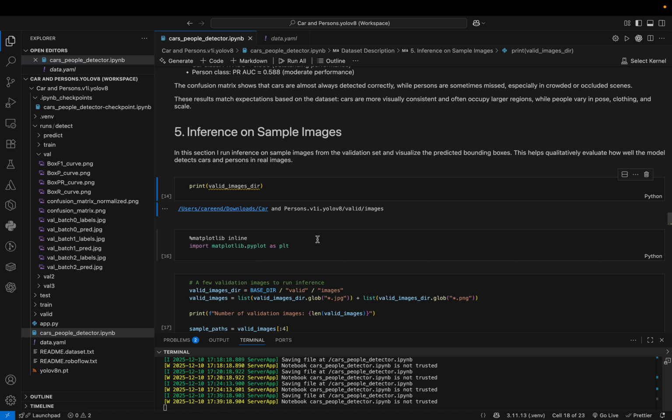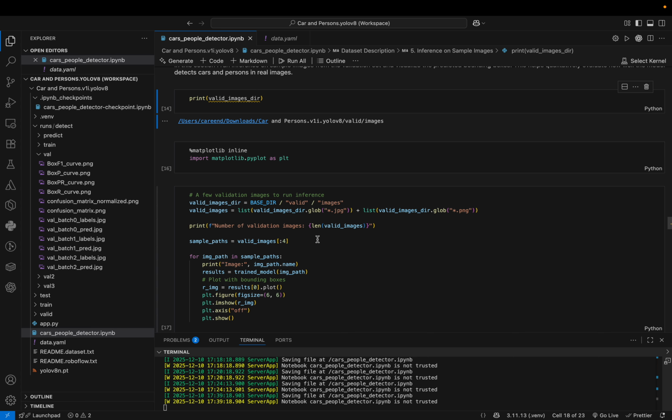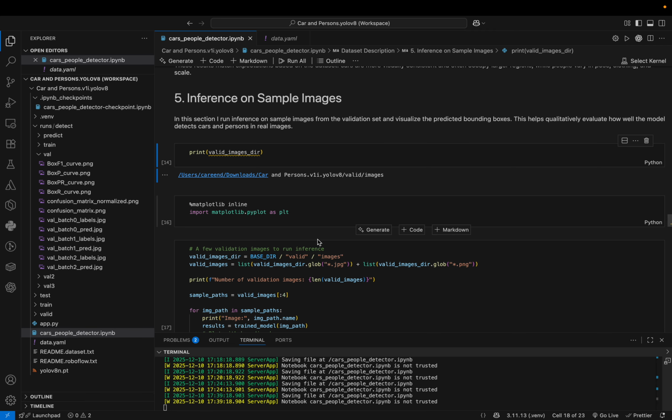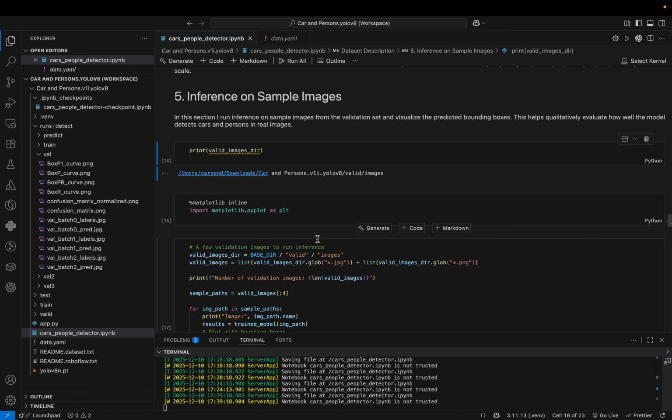In this section, we'll see the predicted bounding boxes for the validation set.